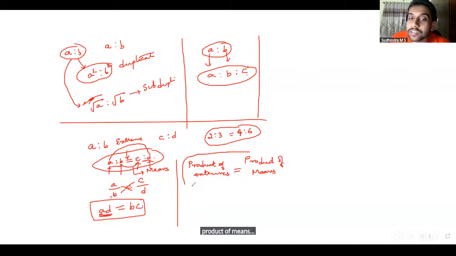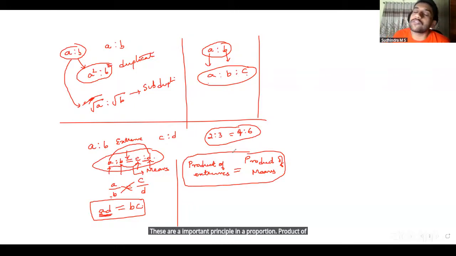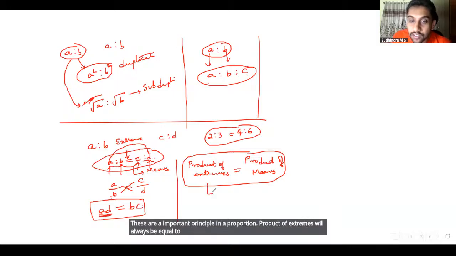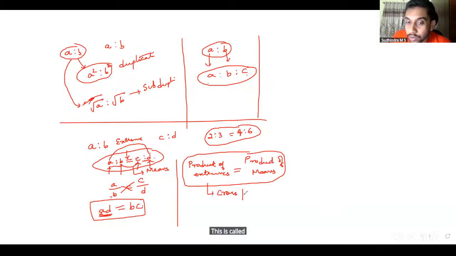This is a very important principle in a proportion. The product of extremes will always be equal to the product of means. This is called the cross product rule. Are we clear? Yes, that is very, very important.